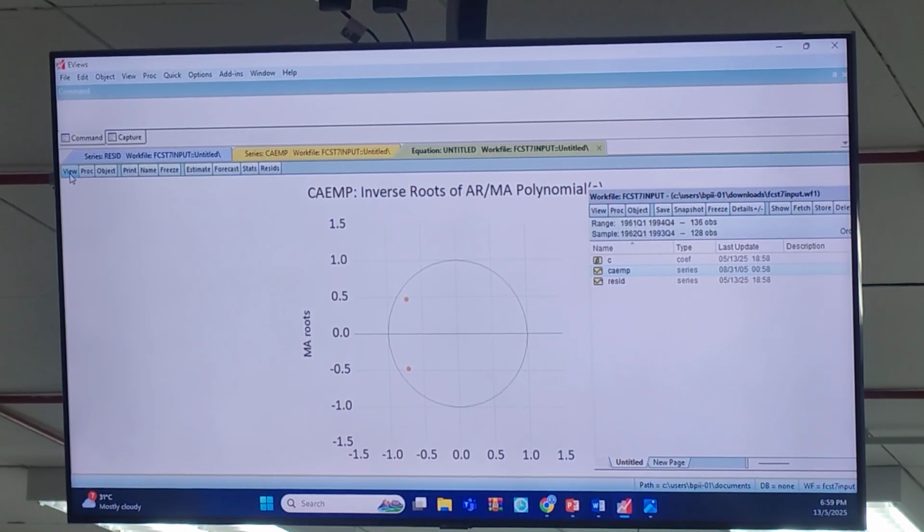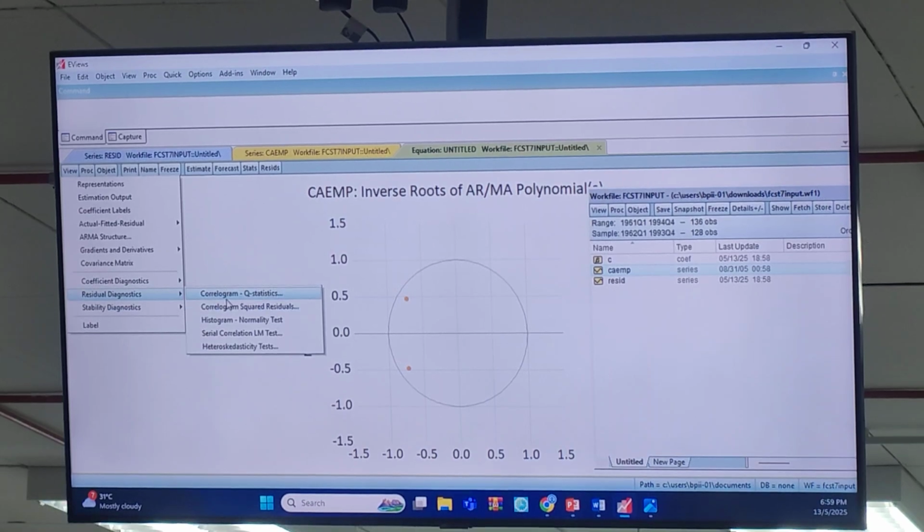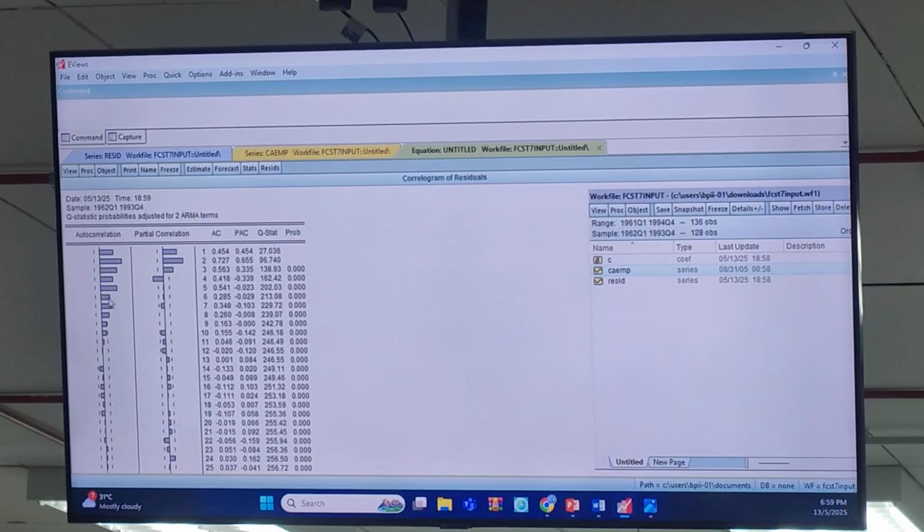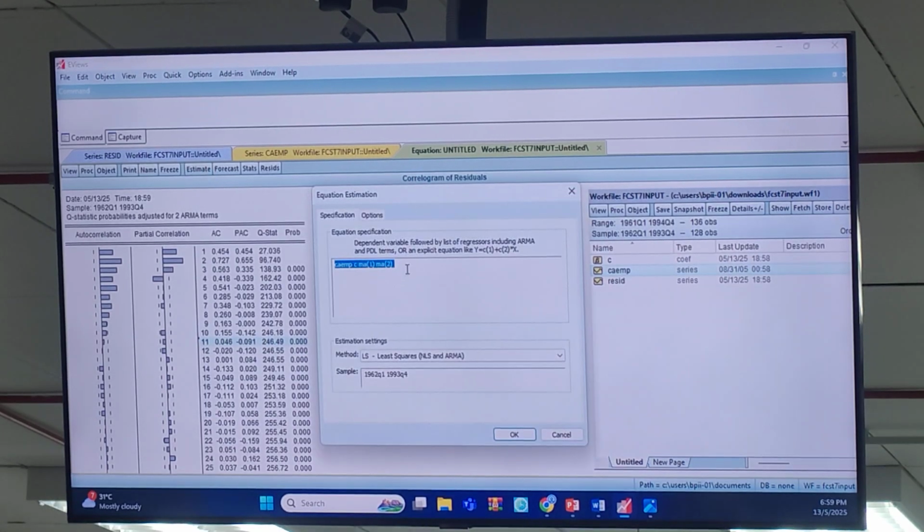Then check the residual correlogram Q statistic. Just now at lag 11, it is the same: not an adequate model, because the residual is not white noise. We need the p-value to be greater than 0.05, and this one is less than 0.05. Next, MA3, add one more.